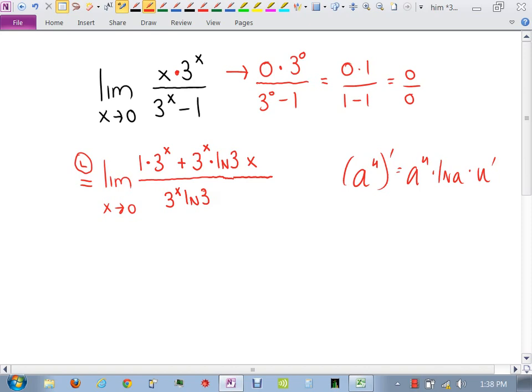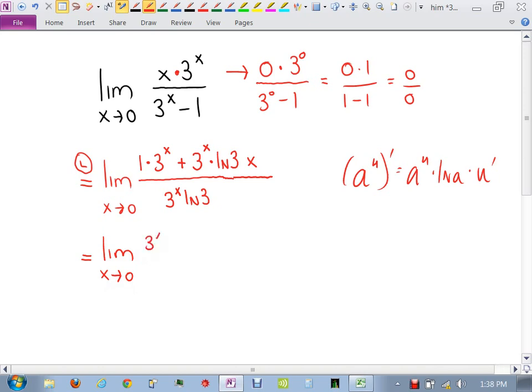What now? You want x to go to 0 now? Does it work, or do we get 0 over 0 again? It works? Okay. I would plug in 0 now. That's fine, but I noticed something here real quick.